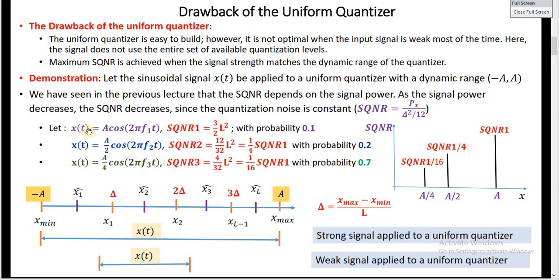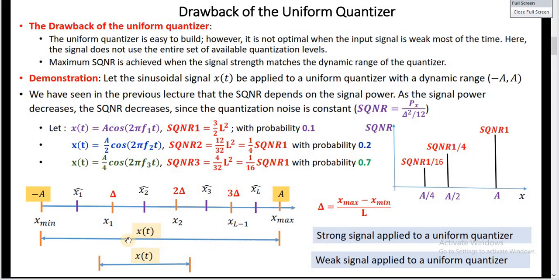In the first case, this is the best scenario. Here, as we can see, our signal x of t spans the entire range of values for the quantizer. The signal x of t matches the dynamic range of the quantizer, and in this case, we attain the highest value of the signal to quantization noise ratio.